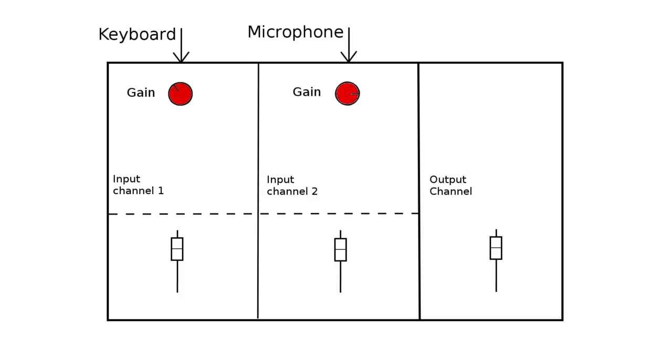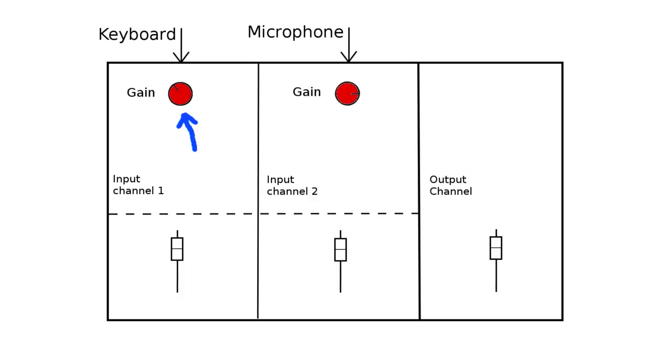With each input channel having a gain control, we can now tailor the incoming signal of each channel to a level which allows our input faders to all sit at about the same position, usually about 3/4 of the way up to maximum. You'll see on this diagram here that we have set the gain for channel 2 rather higher than the gain for channel 1.